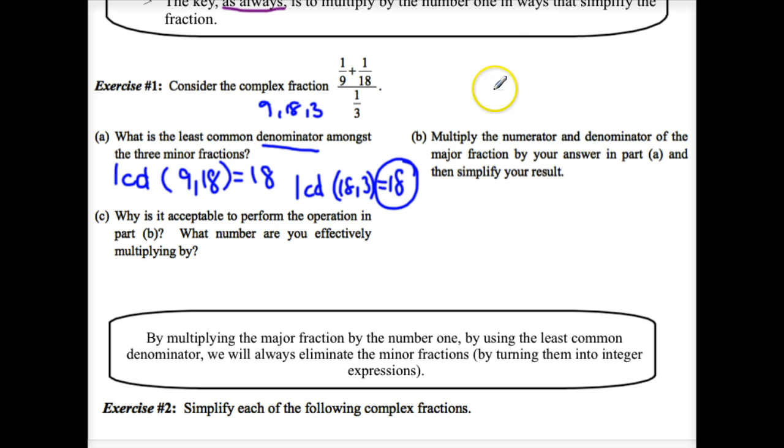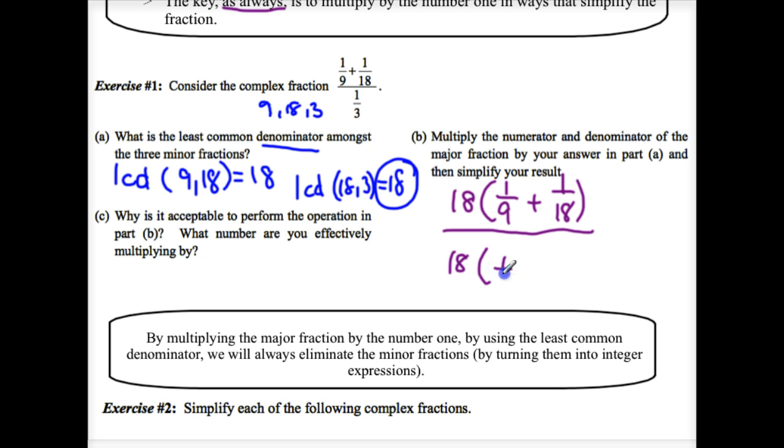So what I want to do now, it says multiply the numerator and denominator of the major fraction by your answer in A. So I want to take this 18 and multiply it by 1 over 9 plus 1 over 18, and do the same thing at the bottom, 18 times 1 over 3. Now I want to distribute this.